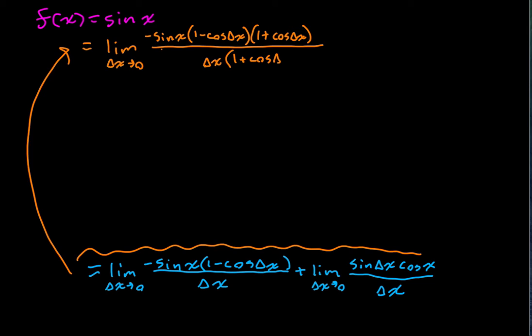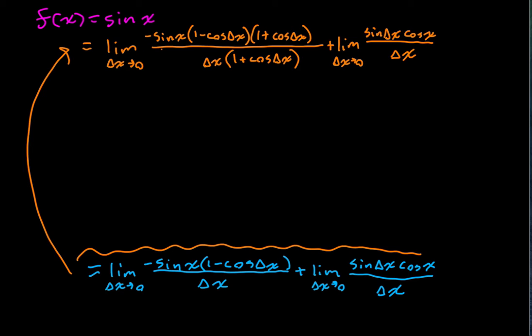You'll notice I just multiplied the top and the bottom by 1 plus cosine of delta x. So these would normally cancel out, but they will do something special that I think is going to be more helpful than if we just canceled them out. And then we're adding this to the limit as delta x goes to 0 of sine of delta x cosine of x divided by delta x.